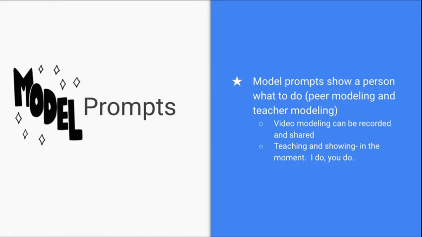So we've just modeled the skill of how we want them to put the piece of paper in the binder. Or if you're talking about older kids and you're looking at organizational goals, or really it doesn't have to be IEP related. This is for any student, but we're using those model prompts to show and tell really how you do something.